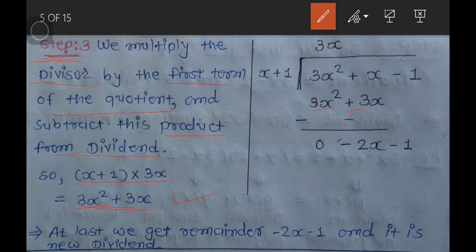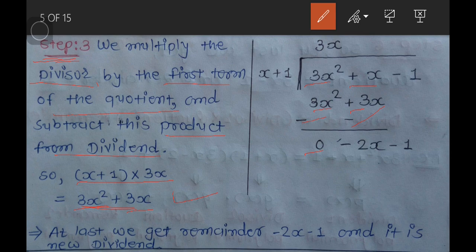Now you can see that 3x square minus 3x square is equal to 0. Here it is plus x, and here it is minus 3x.